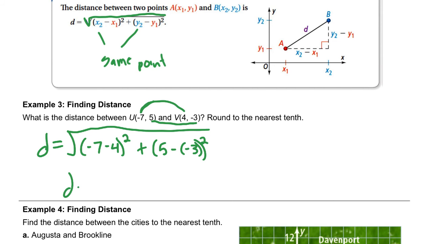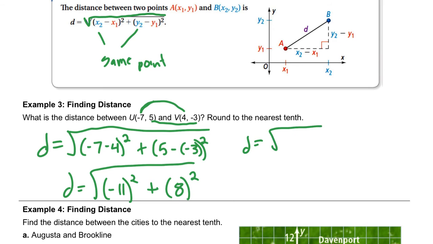So to simplify this, and I'm going to try and do this a little bit more broken down, -7 minus 4 is -11. And that parentheses is extremely important. 5 minus negative 3 is positive 8. So this distance is going to be the square root of 121 plus 64, or the square root of 185.